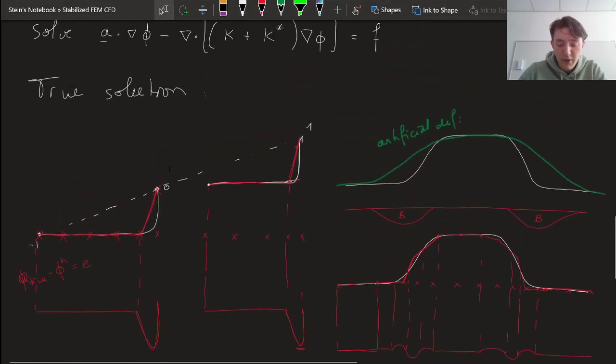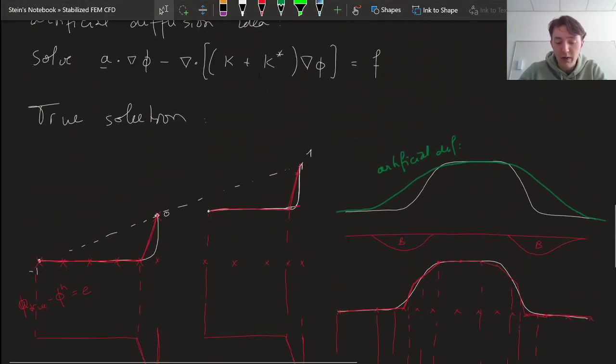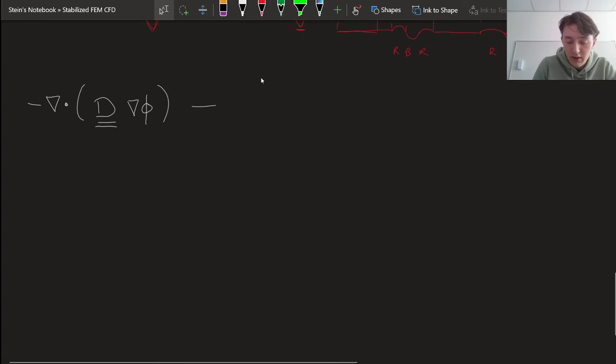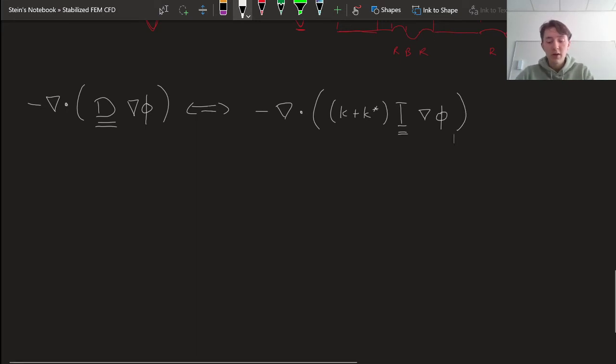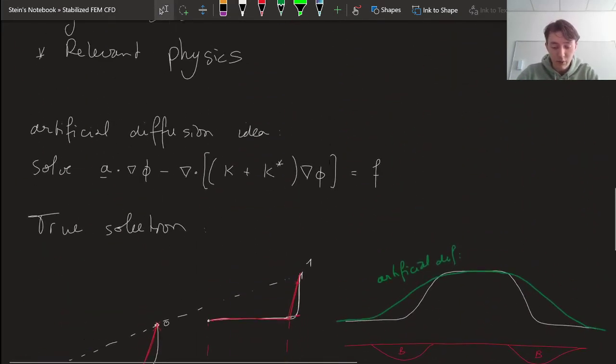So just from that perspective, what we've done so far with the scalars would be to say that we have kappa, and also maybe our diffusion or artificial diffusion, acting on the identity second order tensor. Right, so this right hand side is the same thing as what we have here. I hope that's clear.